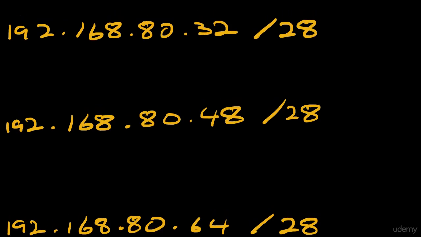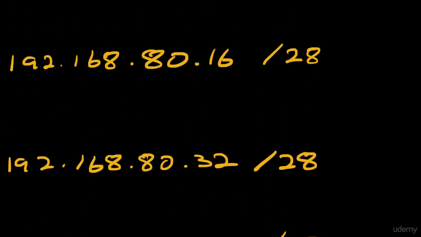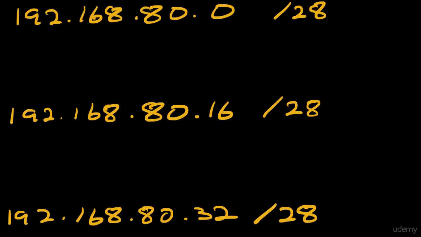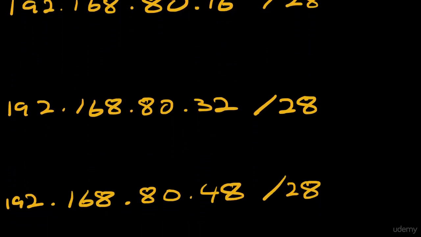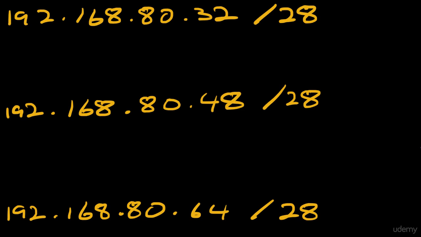And there you have it. We worked out 5 network IDs: 192.168.80.0, 80.16, 80.32, 80.48, 80.64.